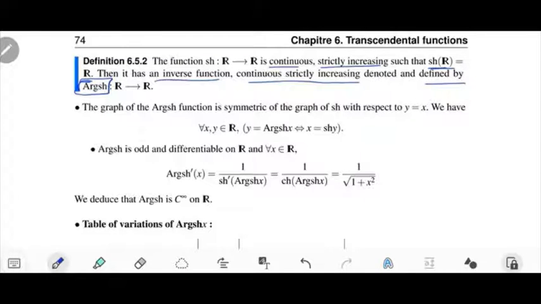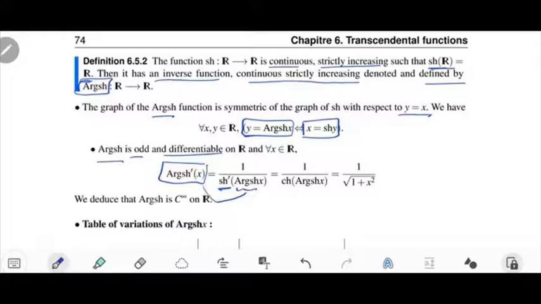And the graph of arg sh, of course, is symmetric to sh with respect to y equals x, and we can write that if y is equal to arg sh x, it means that x is equal to sh y. Also, arg sh is odd as sh and differentiable, and the derivative of arg sh x is 1 over the derivative of sh at the point which is a pre-image of x, which is arg sh x.